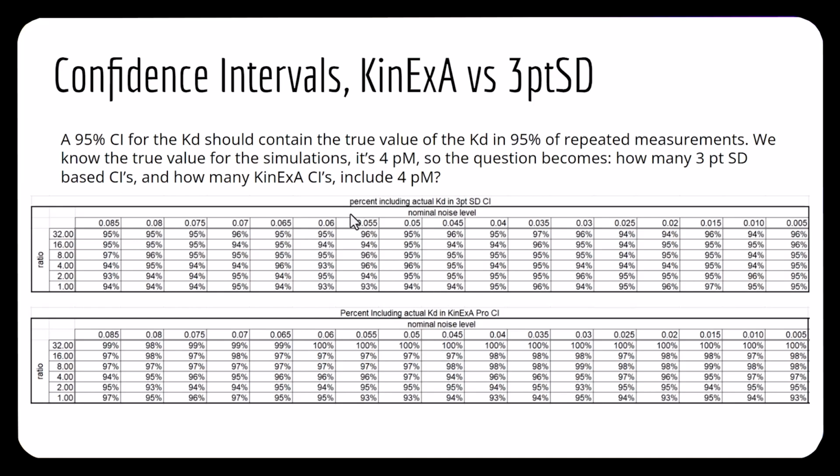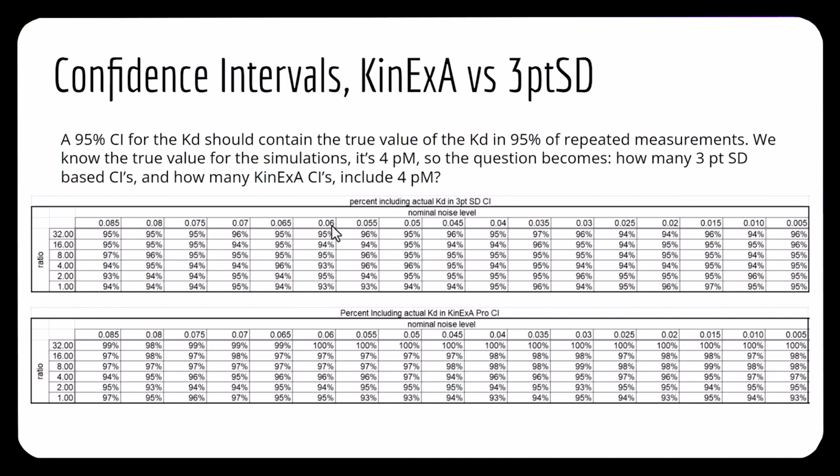But I did the same thing for the 3-point standard deviation confidence interval. Here I had the same 1,000 results. I sampled them 3 times randomly, and I did that 1,000 times. So I got 3 random samples 1,000 times out of my 1,000 data points. Then I calculated the mean, standard deviation, and a confidence interval from that.